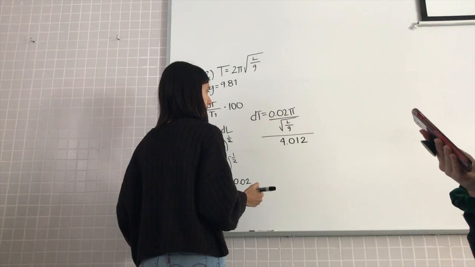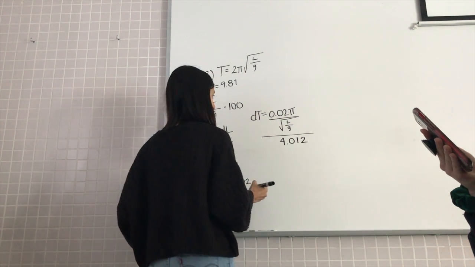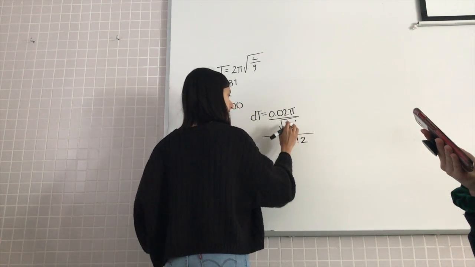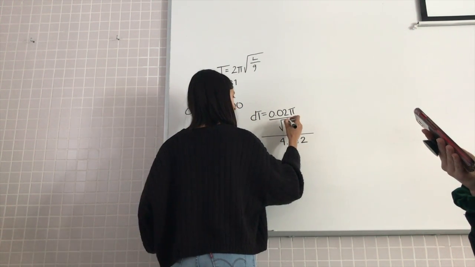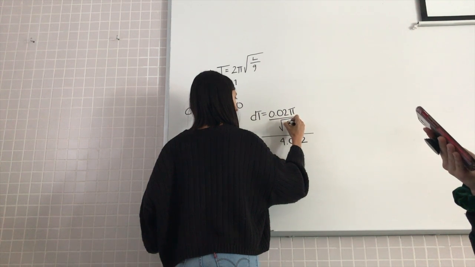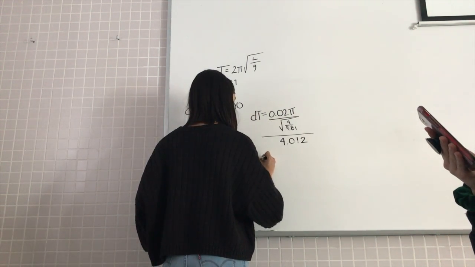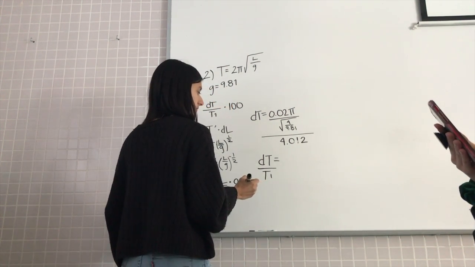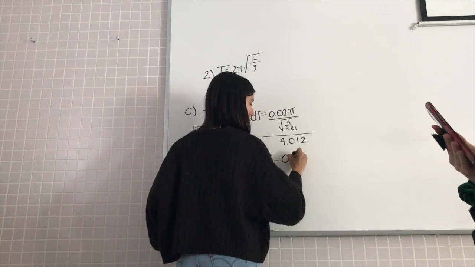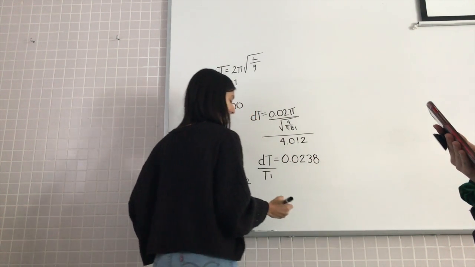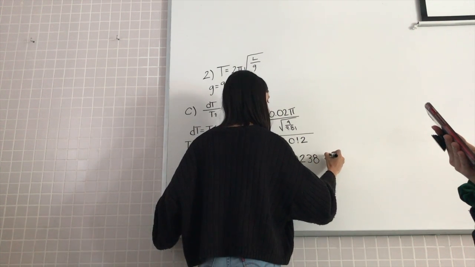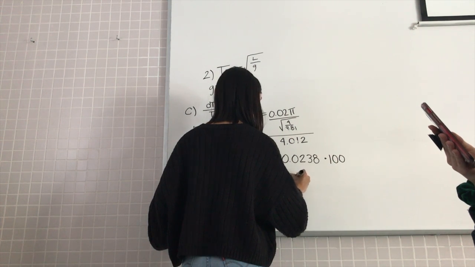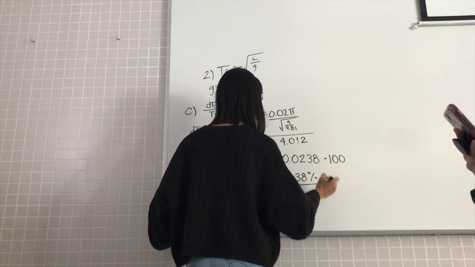Now we know that G is 9.81, so we replace G by 9.81. And we have to use L1 in the letter L, so we use 4. Then we're able to evaluate this, and we find that dT over T1 is equal to 0.0238. This you multiply times 100, and it gives you 2.38%. This is the approximate percent change in the period.